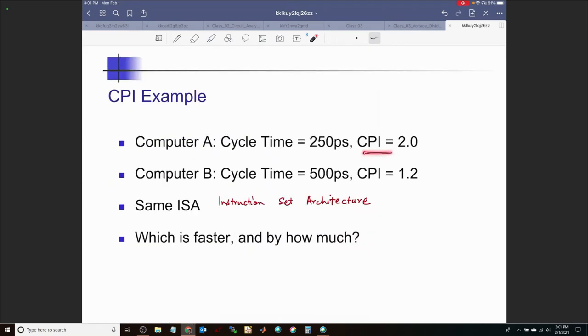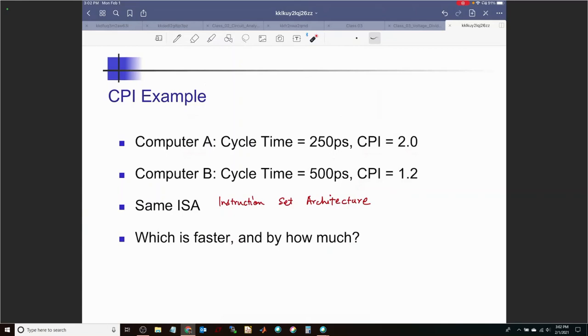Now, why would we ever be interested in looking at clock cycles per instruction? Well, think about this. Computer A is requiring 2 clock cycles per instruction, and computer B is requiring 1.2 clock cycles per instruction. Let us take an add operation versus a division operation, right? If you only had addition operations, you probably require, on an average, fewer clock cycles per instruction.